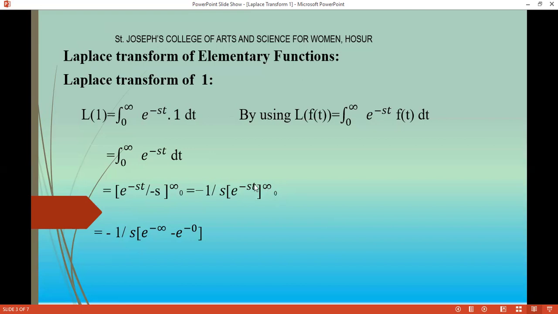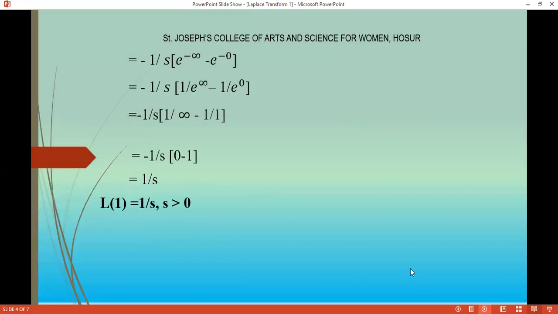So if we substitute infinity, we get e power minus infinity minus e power minus 0. We can write e power minus infinity as 1 by e power infinity, and e power minus 0 as 1 by e power 0.